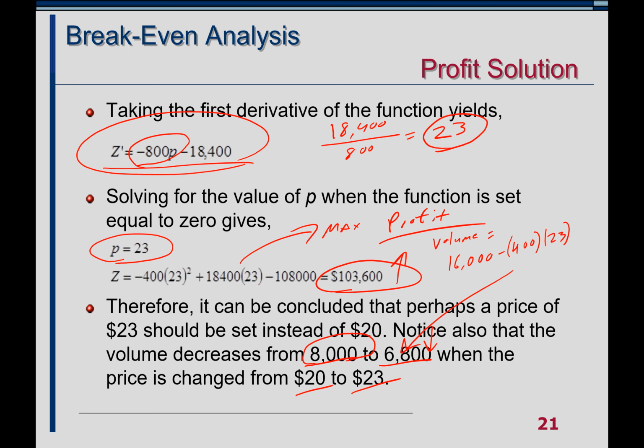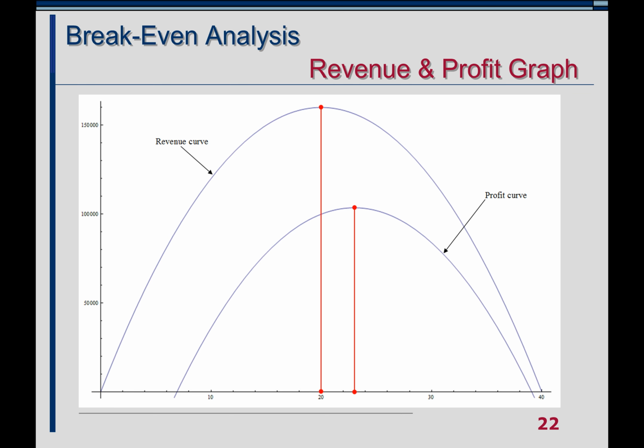Let's take a look at these two curves. This is our revenue curve and this is our profit curve. So do you see how your profit curve is kind of skewed from your revenue curve? And obviously your profit and revenue is not going to be the same, but what is important is the location of these maximal points.